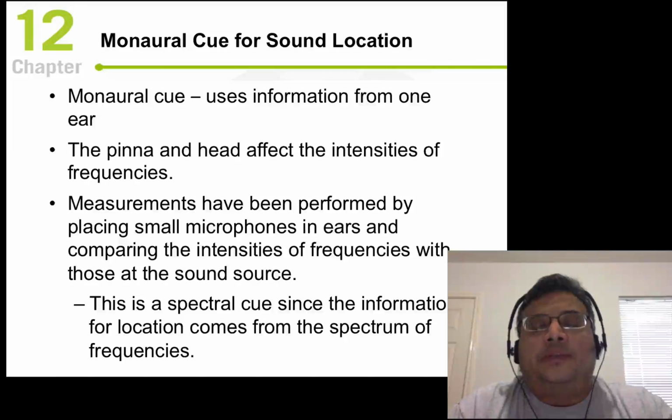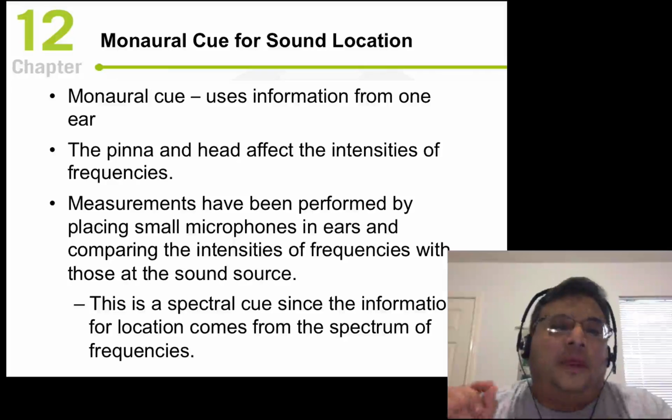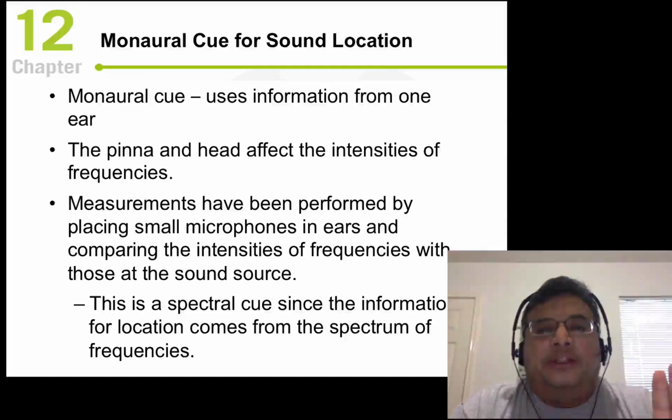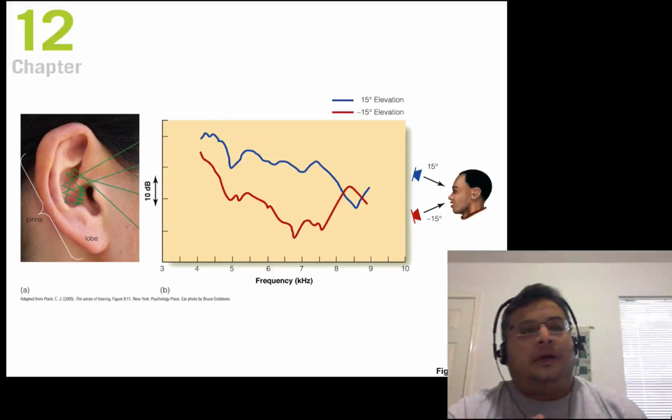One of the things that we measure is the intensity of the frequencies. So high frequencies, low frequencies, we measure how loud or how intense they are as they go into the ear canal. And we look across the entire spectrum of frequencies. So, for example, we can put a special microphone into the ear.